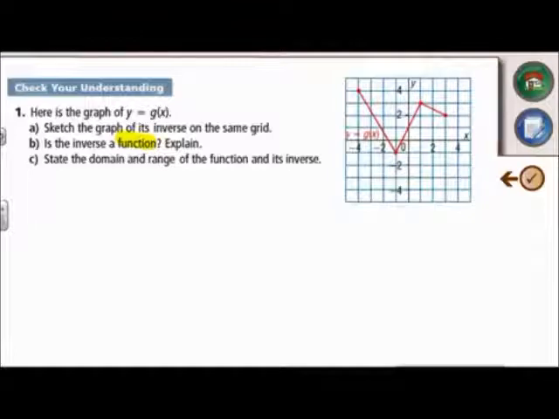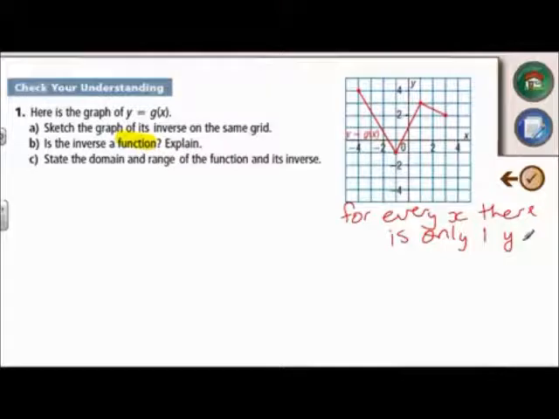So this original graph is a function. So a way of looking at it visually is, does it pass the vertical line test? We can also look at it and say, for every x value that you have, there is only one y value.